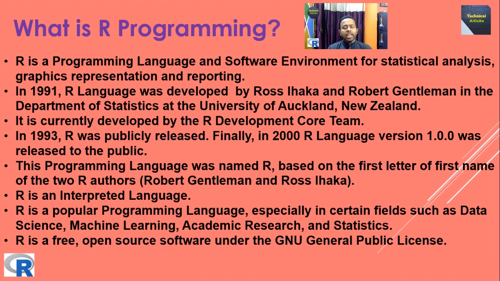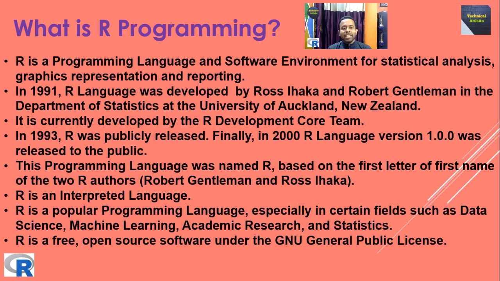In 1991, the R language was developed by Ross Ihaka and Robert Gentleman in the Department of Statistics at the University of Auckland, New Zealand. It is currently developed by the R Development Core Team. In 1993, R was publicly released, and finally in 2000, R language version 1.0.0 was released to the public.